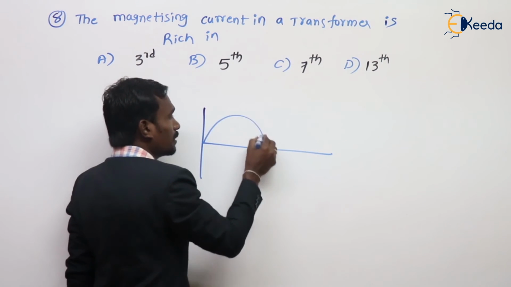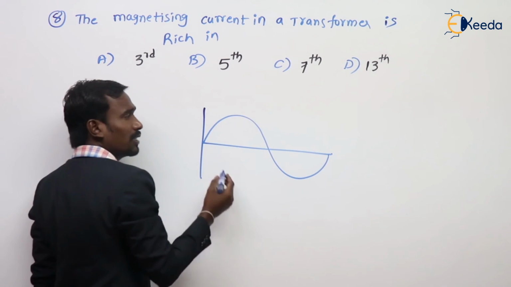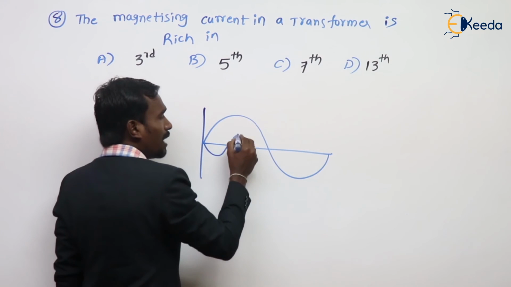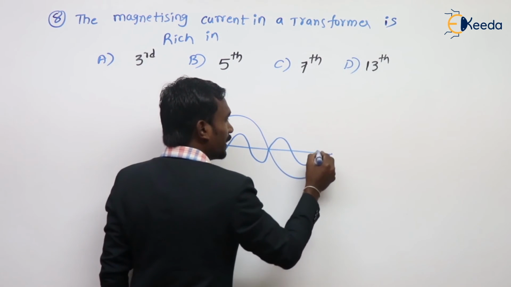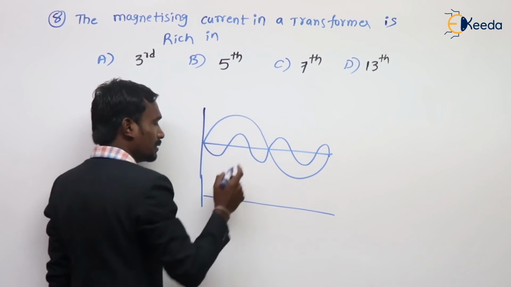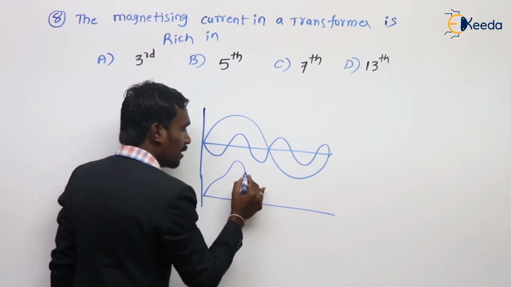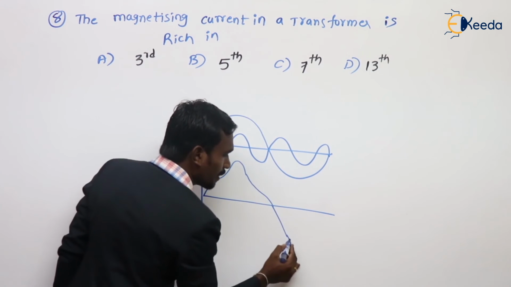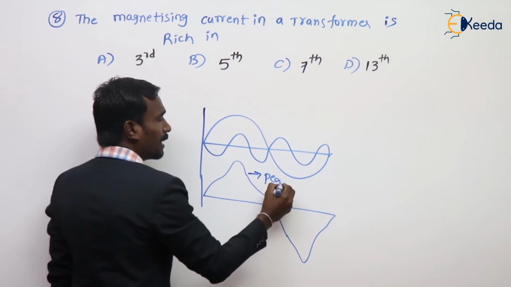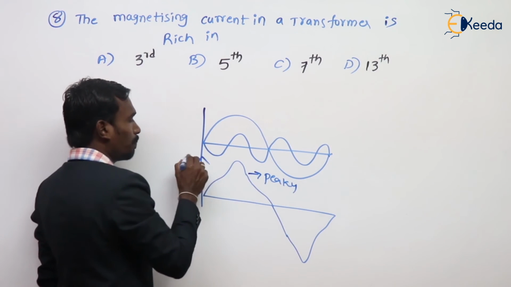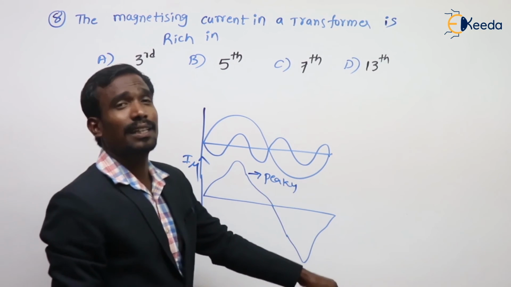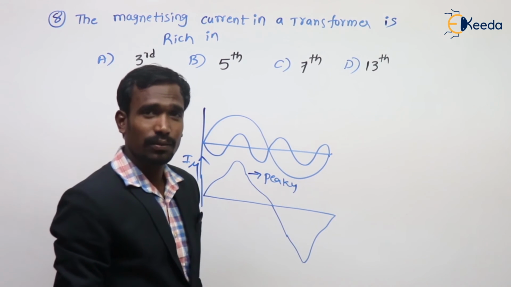For example, normally it is the fundamental, but when we have third harmonic components, the waveform is like this, which is called peaky waveform of magnetizing current. Then only the EMF is sinusoidal.